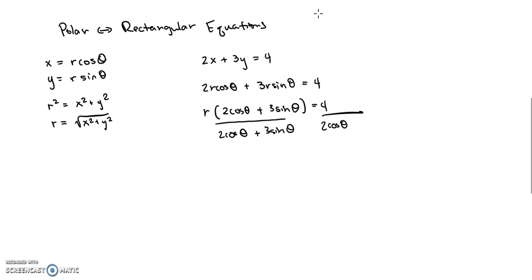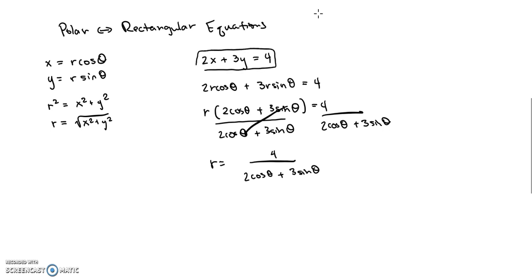So now we get the equation r is equal to 4 over 2 cosine theta plus 3 sine theta. In the rectangular version, it's this, which we recognize as a line. This is what a polar version of a line looks like. So those are two versions of the same equation.